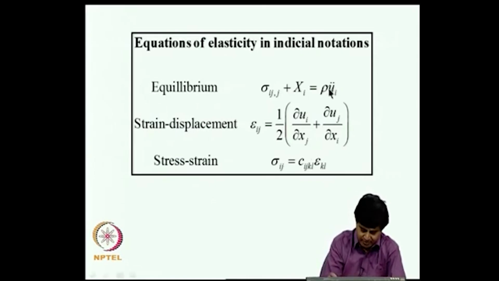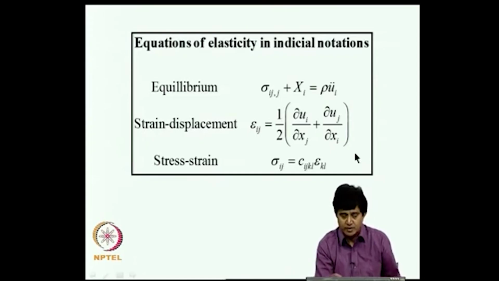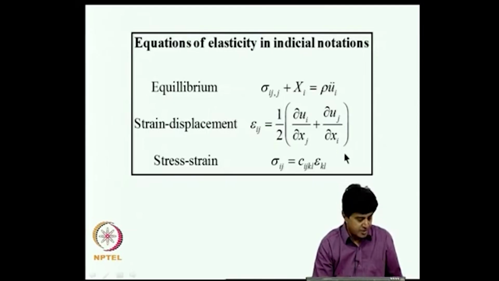So, this is the set of equilibrium equations, this is the set of strain displacement relations, and this is the stress strain relation. i, j, k, l etcetera take values 1, 2 and 3. The repeated indices imply summation, a comma denotes a derivative, and all those notations are used here.